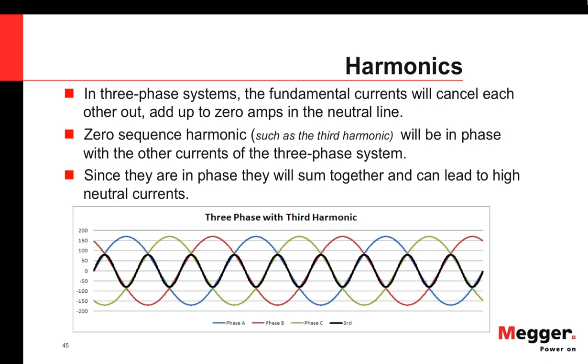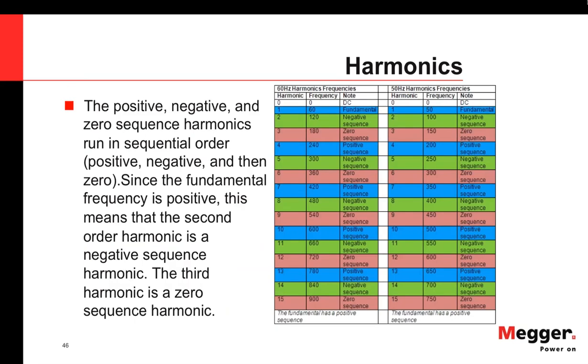So, if I have a negative sequence harmonic that's rotating in the opposite direction of the fundamental, these can cause heating effects in motors because they're going to resist the rotation of the motor. If I have 0 sequence harmonics that have no phase rotation, these are like my triplets. These will add together and we'll see them as high neutral currents.